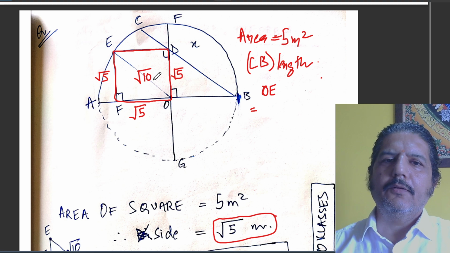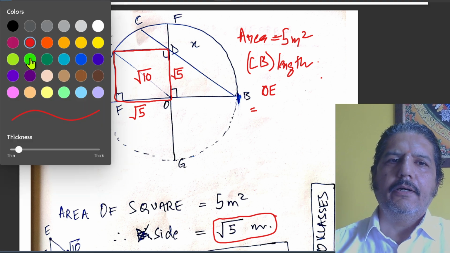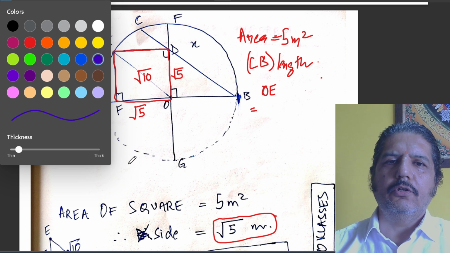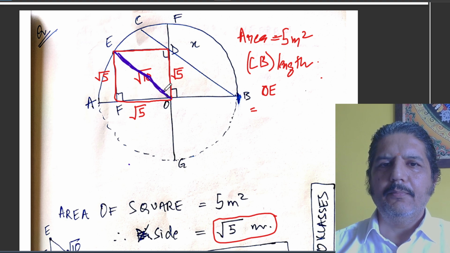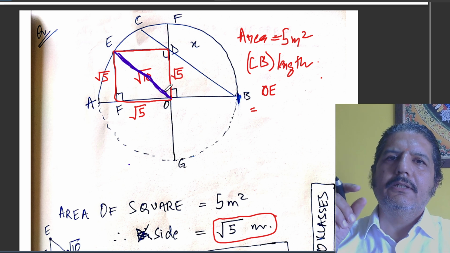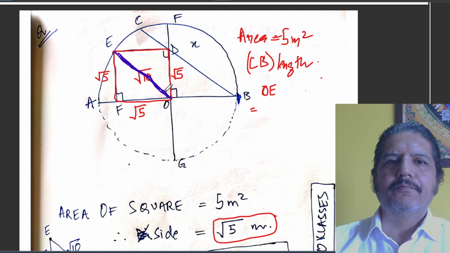Now there's a beautiful thing which has happened. I hope you saw that. If this diagonal is root 10, then basically you have the radius of the circle.